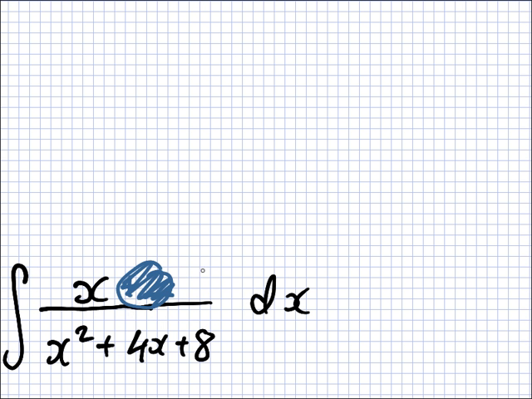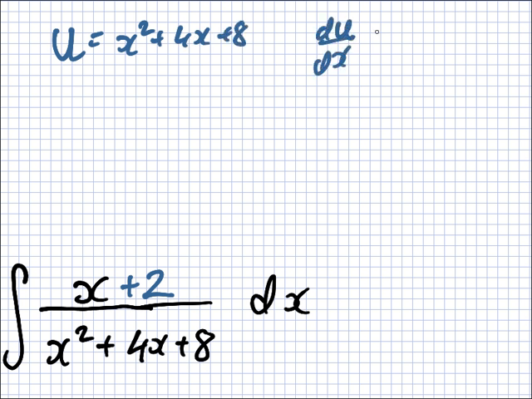So the point is, if I just write a plus 2 here, you might think that doesn't change the problem much, but it actually changes a lot. Because if you had this question, it's much easier. You just say u equals x squared plus 4x plus 8. What does du dx equal? It equals 2x plus 4. So dx equals du over 2x plus 4.